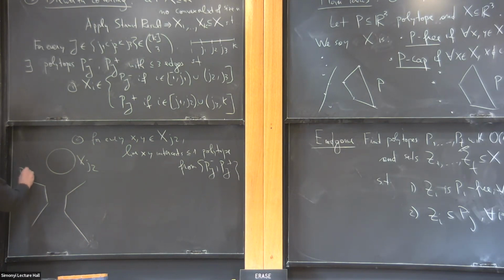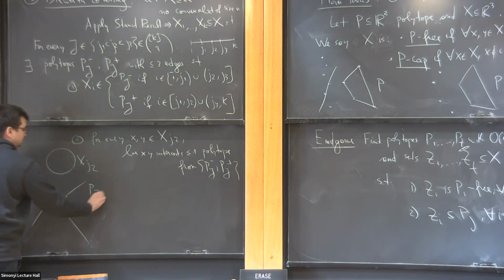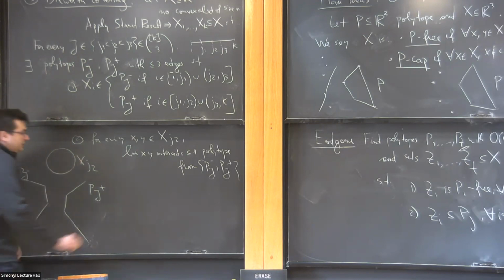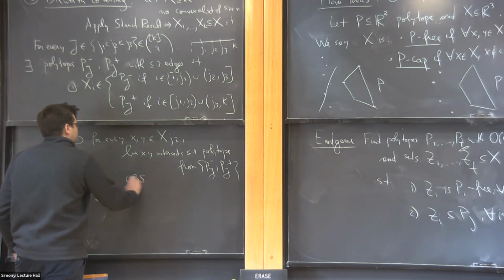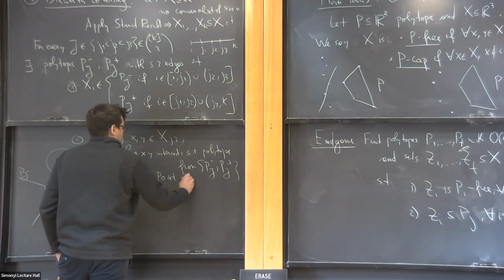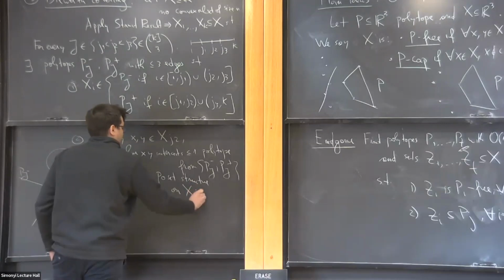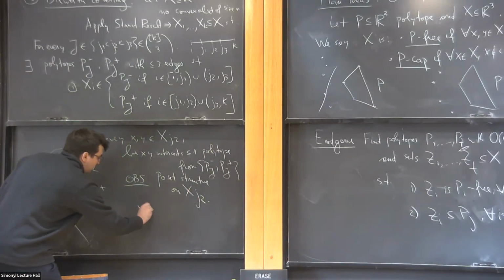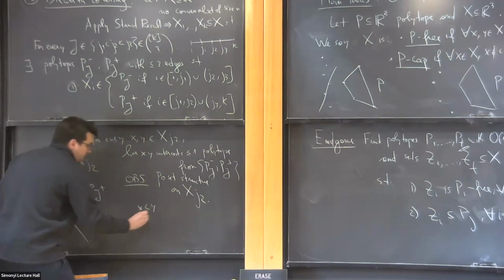This is PJ minus, this is PJ plus, and we have a picture like this for every triple. So this tells you essentially there is a structure on xj2.